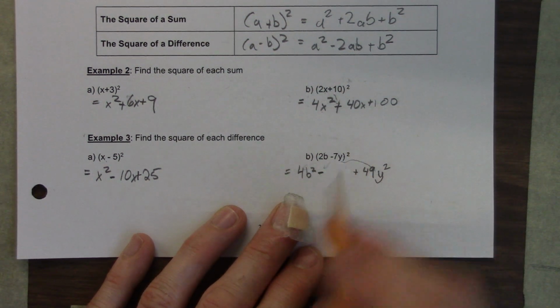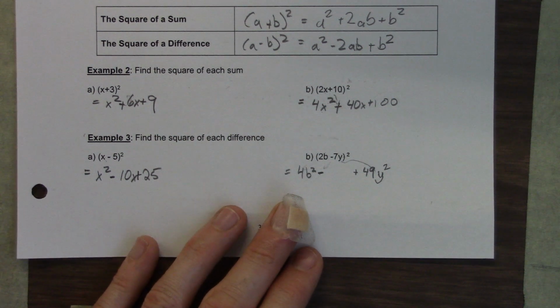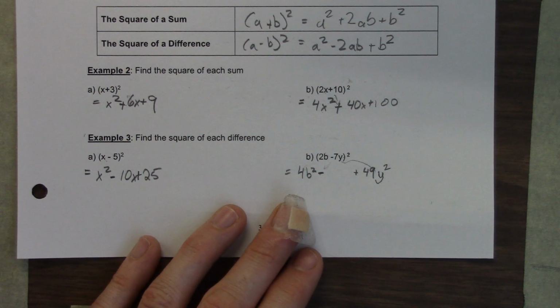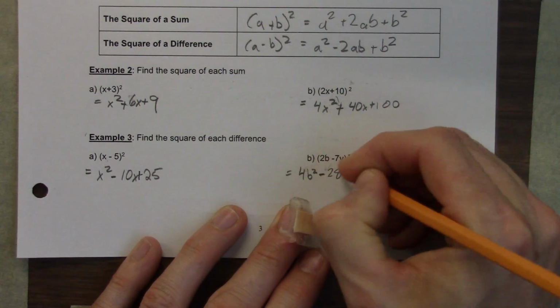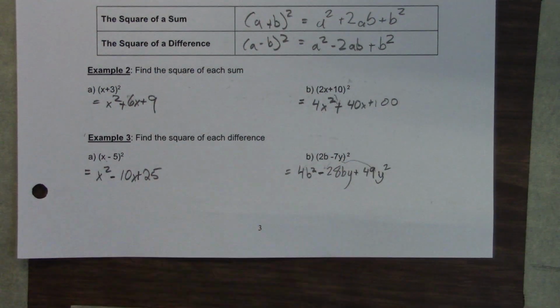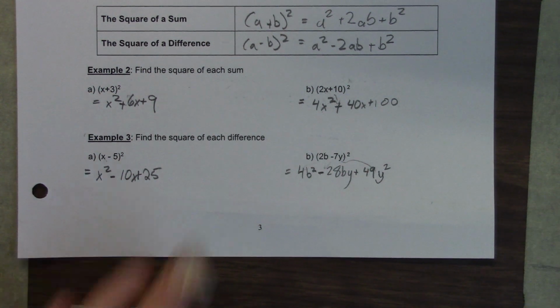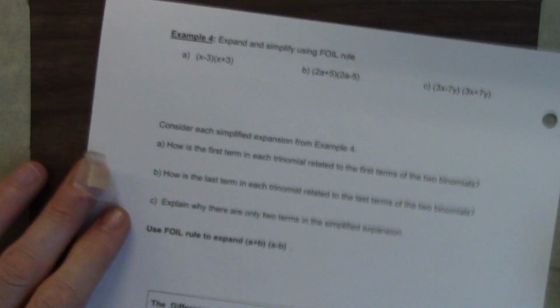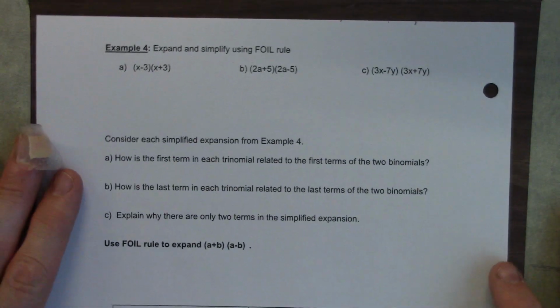So it'll be 14 by times 2. So what's 14 times 2? 28 by. That was harder than I would have hoped. Slowing us down. Let's go, let's go, let's go. Let's see if we can finish. This is the last page.